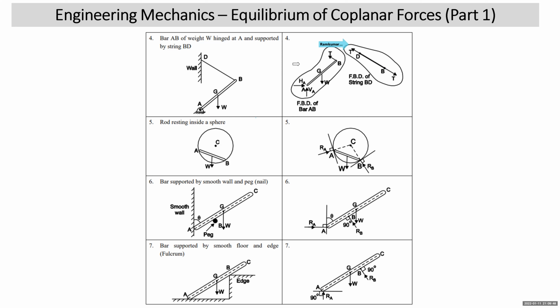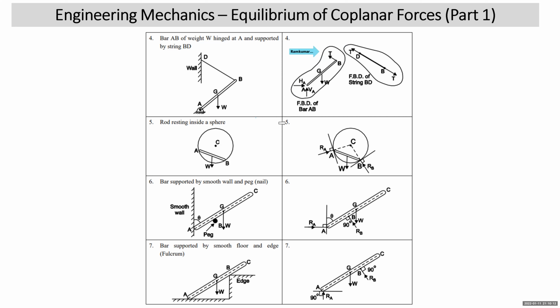Now, when we draw the free body diagram of the beam, which is supported by the string, you can see that at A there was a hinge, so there will be two reactions, H and V. Weight is shown as it is. At B, where it was supported by the string, you will show tension in the string. Tension in the string means it is an away force, away from the beam in the direction of the string.